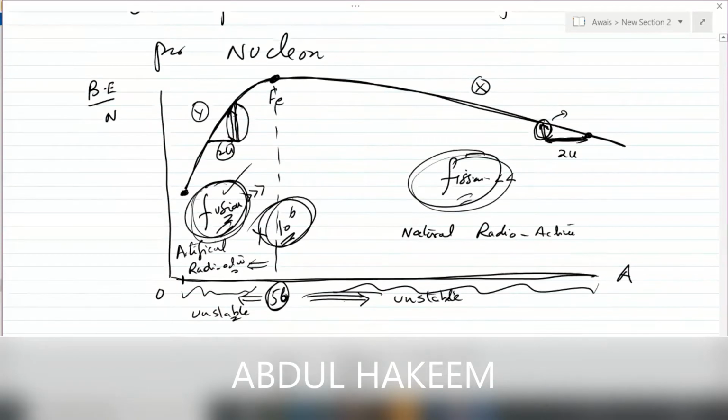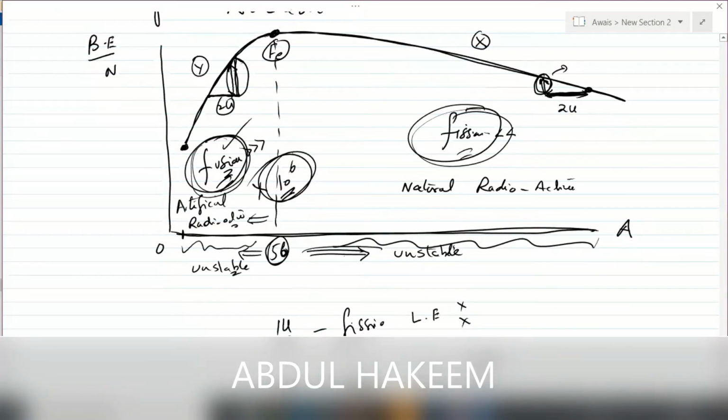The most stable element in the world is iron, and its mass is 56. Greater mass than 56, greater than iron, natural radioactive, so they will get stability by fission. And mass less than 56, less than iron, they are artificial, and they will gain stability after gaining mass.